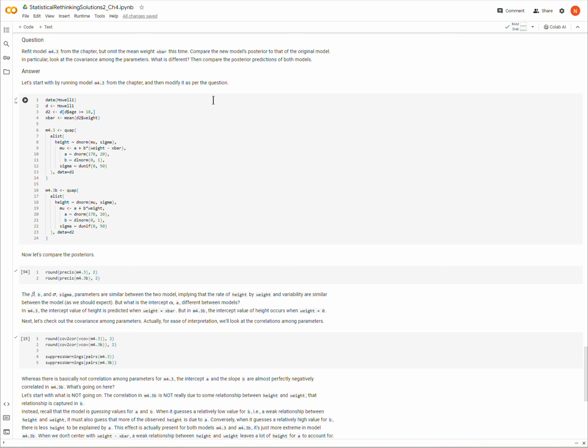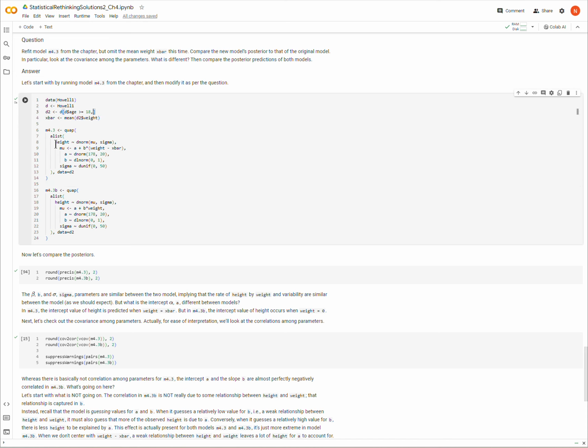Okay, so what it wants us to do is to modify a model that was presented earlier in the chapter, model M4.3. Here is model M4.3, and we're using a data set that's available in the Rethinking package called Howell, and we're just using individuals over 18.